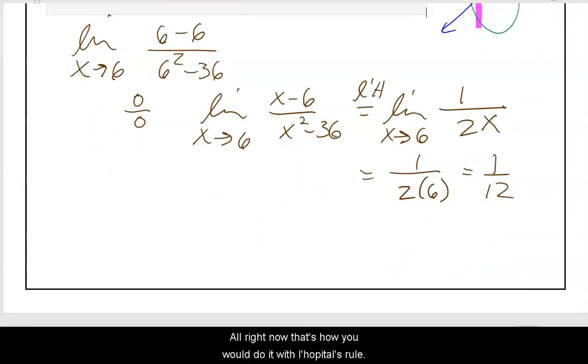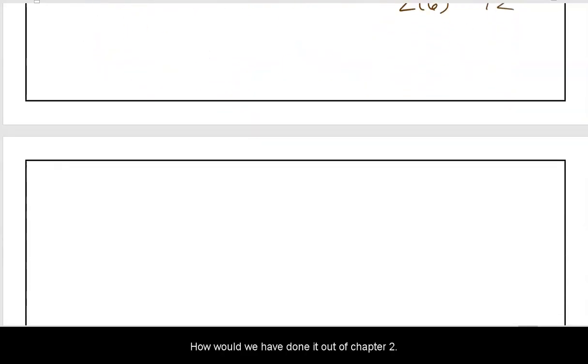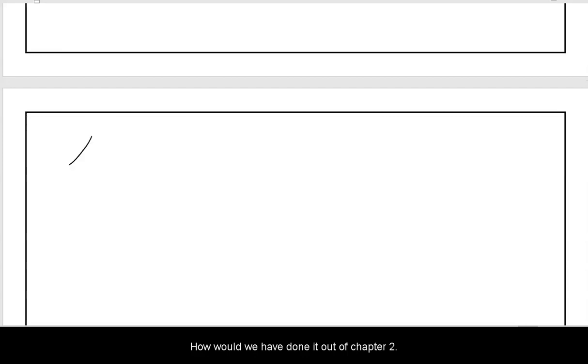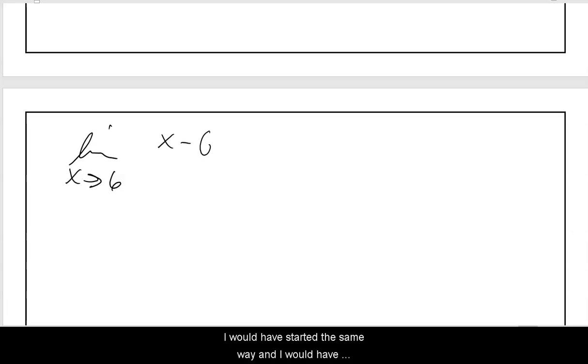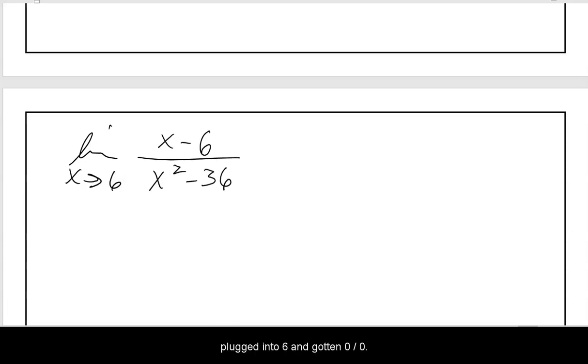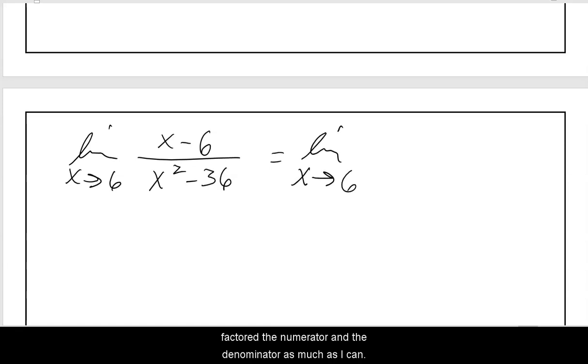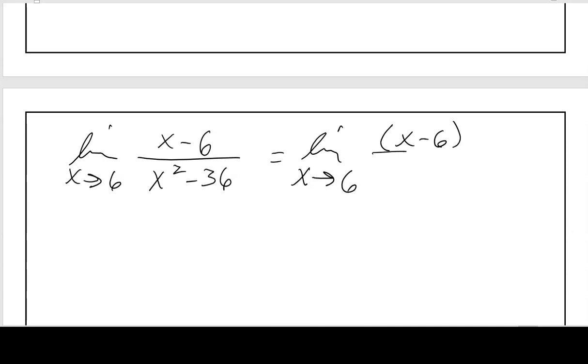All right, now that's how you would do it with L'Hopital's rule. Now, how would we have done it out of chapter 2? In chapter 2, I would have started the same way, and I would have plugged in the 6 and gotten 0 over 0. I would have known I couldn't have 0 divided by 0, so then I would have factored the numerator and the denominator as much as I can, and I would have factored the difference of 2 squares as x minus 6 times x plus 6.